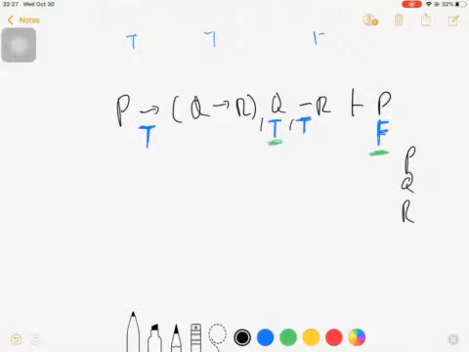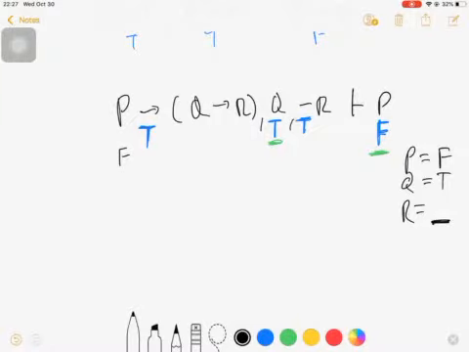P, Q, R. P equals false, Q equals true, and the question is, what does R equal? So P equals false. Let's go ahead and check, though, by plugging in the values. So let's make P false over here.